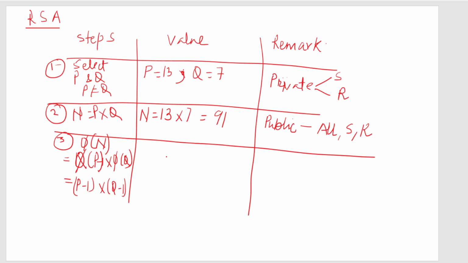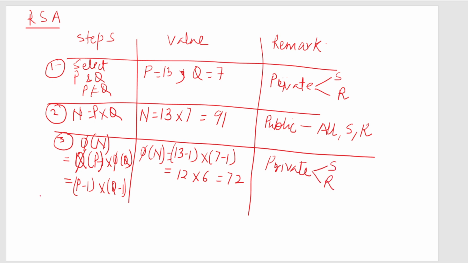So in that case this phi n will come out to be 13 minus 1 multiplied by 7 minus 1, that is 12 times 6, which comes to be 72. And this phi n is a private parameter. That means only the sender and the receiver know about this particular phi n.